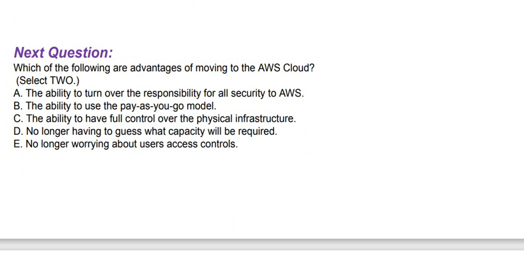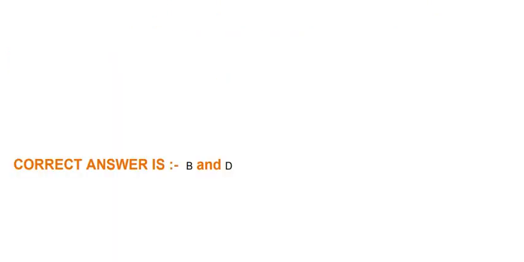Option C, the ability to have full control over the physical infrastructure. Option D, no longer having to guess what capacity will be required. And option E, no longer worrying about users' access controls. The correct answer is option B and D.